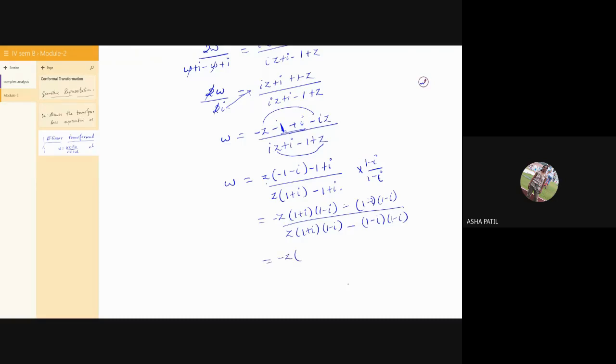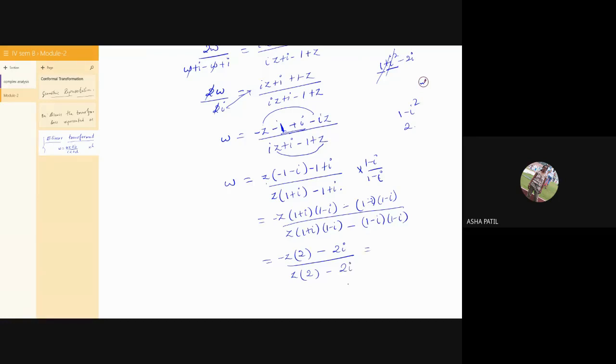So minus Z into what? 1 plus I into 1 minus I, just now we had simplified, it is 1 minus I square. That means you'll get it as 2. So I'll just write here 2, then minus. What is 1 minus I whole square? It becomes 1 plus I square minus 2I. 1 plus I square cancels because I square is minus 1. You get 2I divided by, again we have Z into 1 plus I into 1 minus I is 2, minus, similarly you have here 2I.